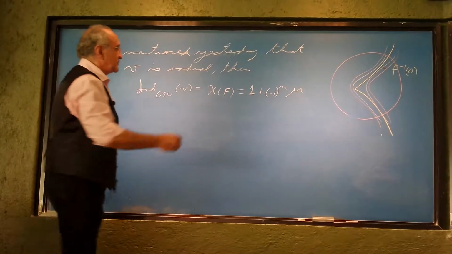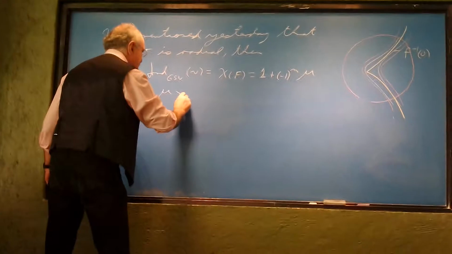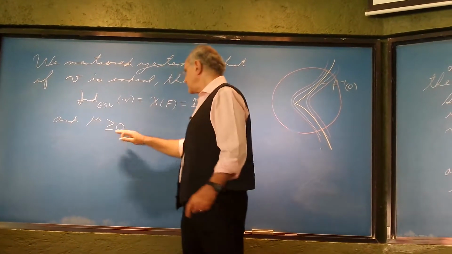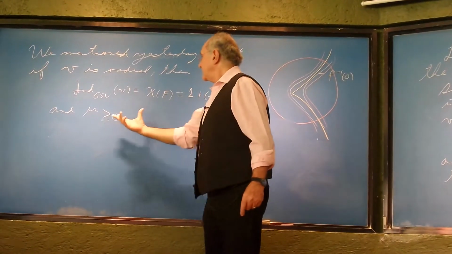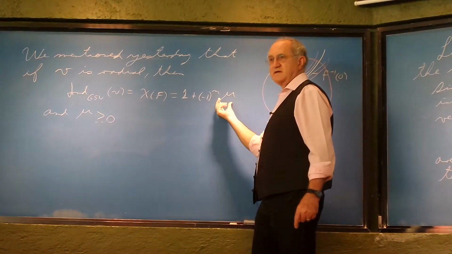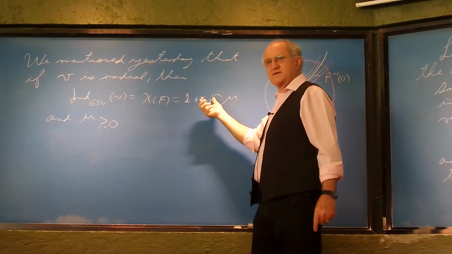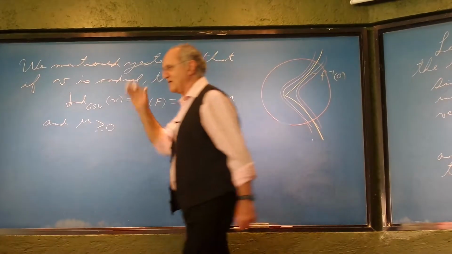And mu is always greater or equal to 0. If there is a singularity, this is actually greater than 0. So this number for radial vector fields is almost always negative, except in very special cases, when n is even or odd and mu is 1.